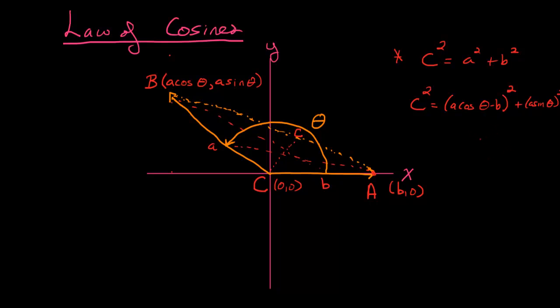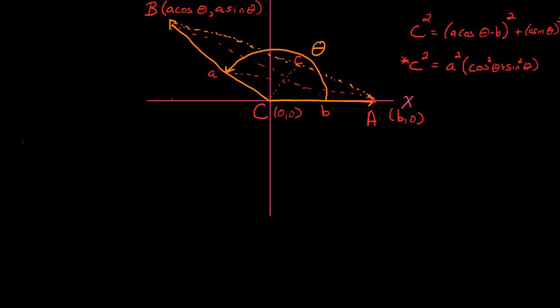And we can expand this out. We're going to get c squared equals a squared times cosine squared of theta plus sine squared of theta, plus b squared, and then we still have to subtract 2 times ab times cosine of theta.